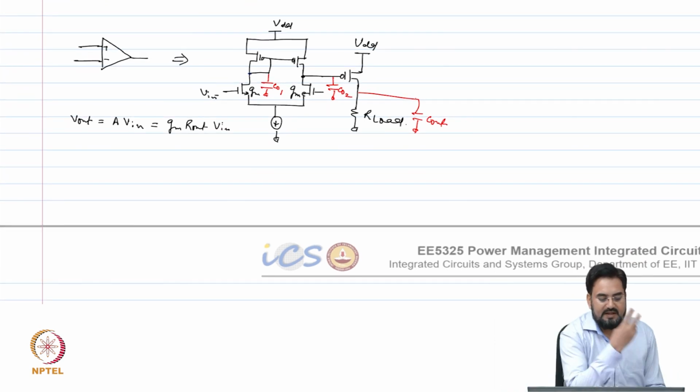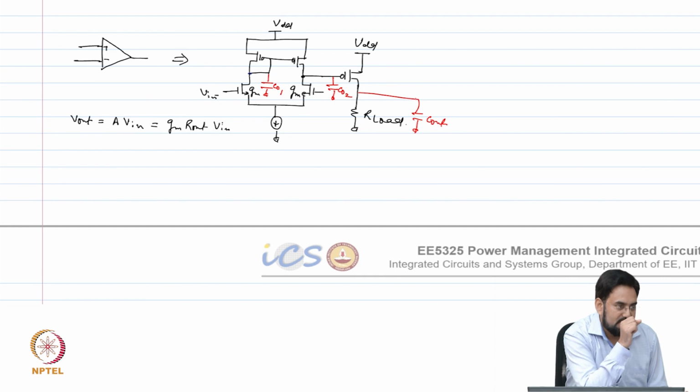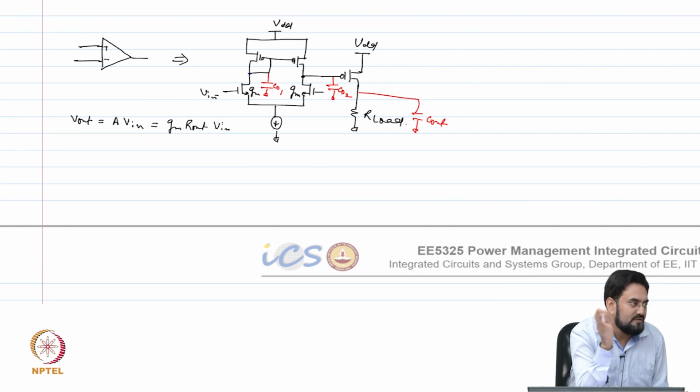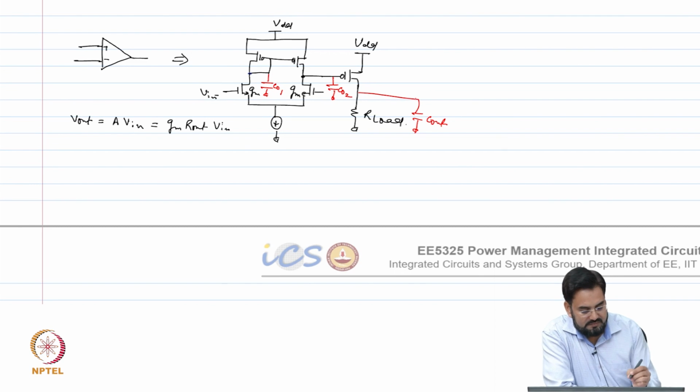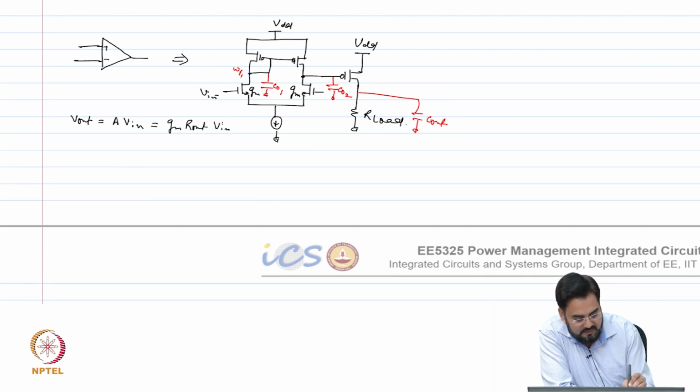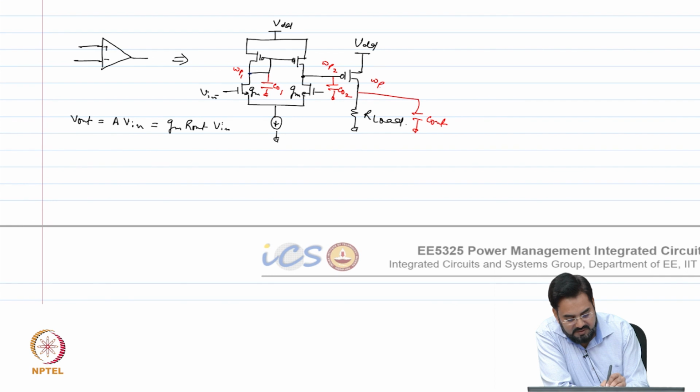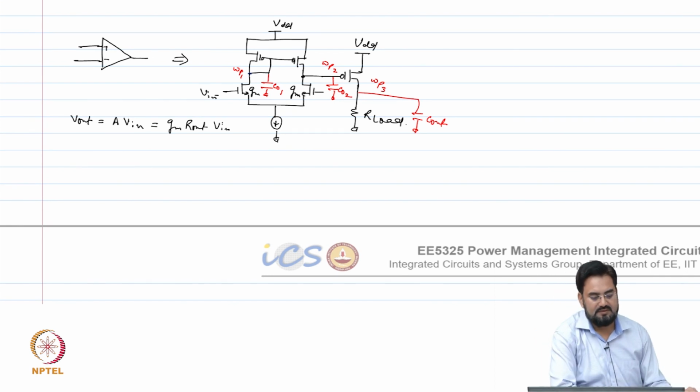So, what we are looking at are 3 potential nodes which may have poles which fall within your UGB. Okay. So, if I call this omega P1 pole, this is giving me omega P2 and this is giving me omega P3.